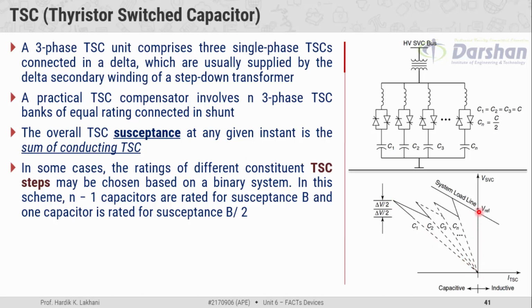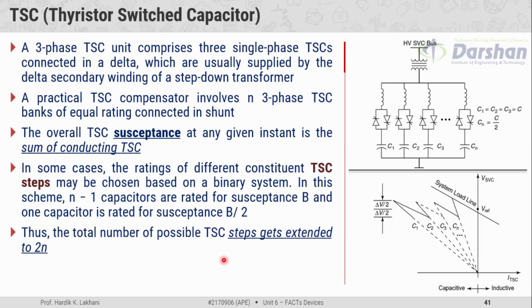But if we want to change the susceptance from the maximum value towards the minimum value, somewhere in between, then that can be achieved by dividing a larger amount of one capacitance into equal amounts of many capacitances. And that is what this concept is all about.